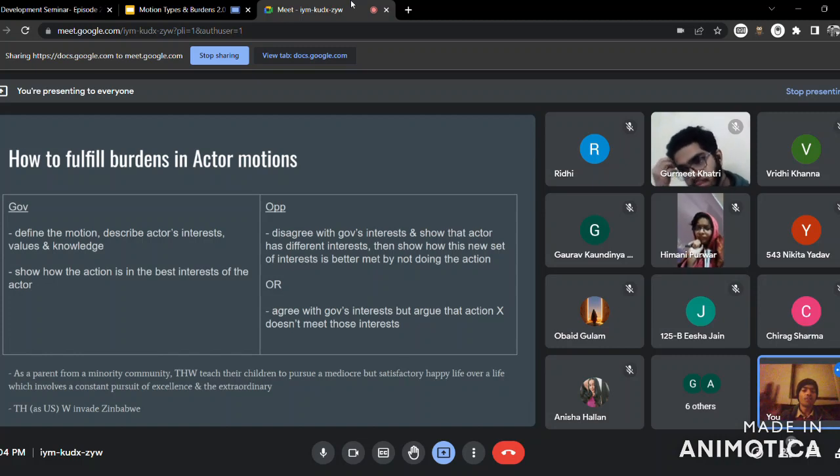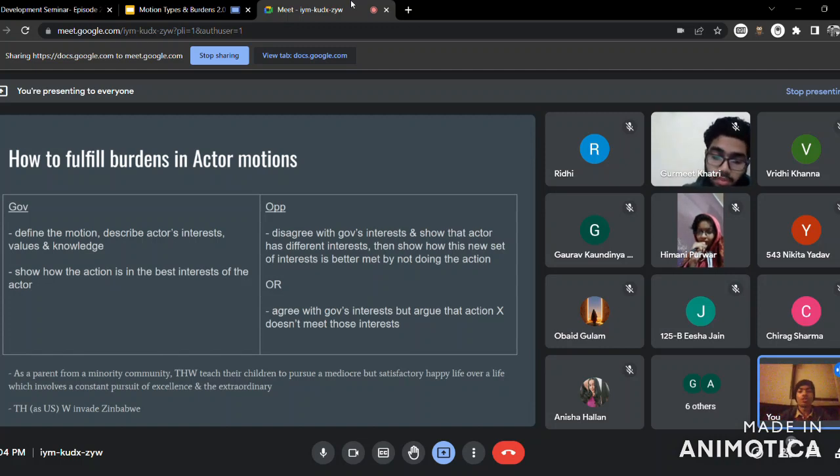Now, like I said in an earlier motion type, if you question the interests, this will also lead to a sub debate within that of which side proves the interests of the actor better. If both sides don't agree that these are the parents' interests or priorities, then the one clash becomes which side proves their priorities better, and according to that further clashes follow.